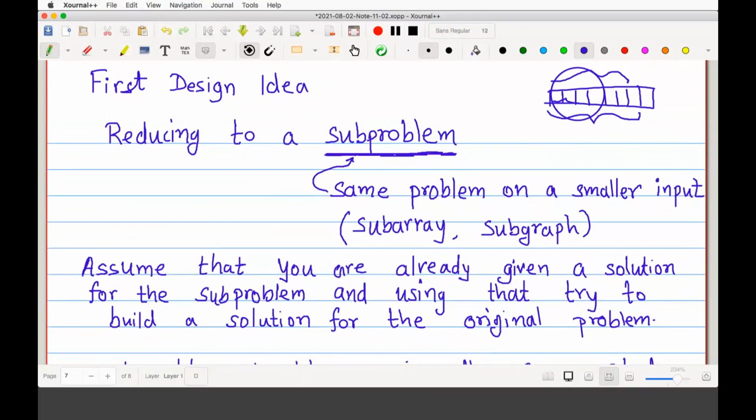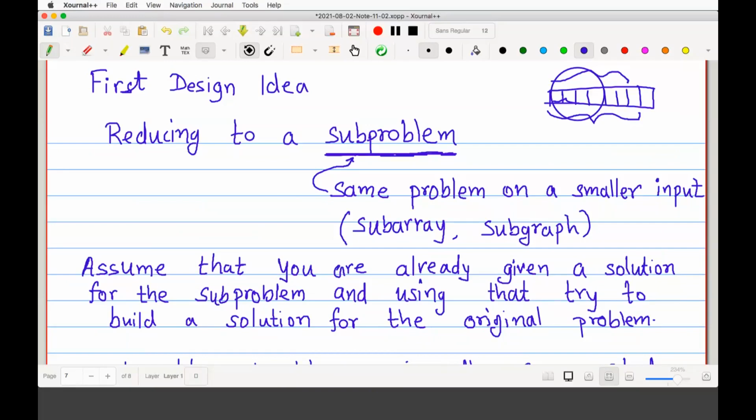Right, that is correct. Divide and conquer, you could say, is part of the same strategy. Here we are saying that you go to a smaller subproblem. In divide and conquer, you actually decrease the input size by half or by one third or something like that. So that's a particular way of going to a subproblem.